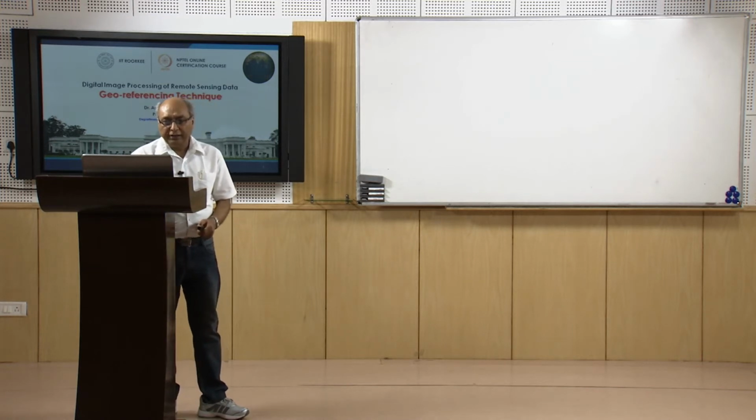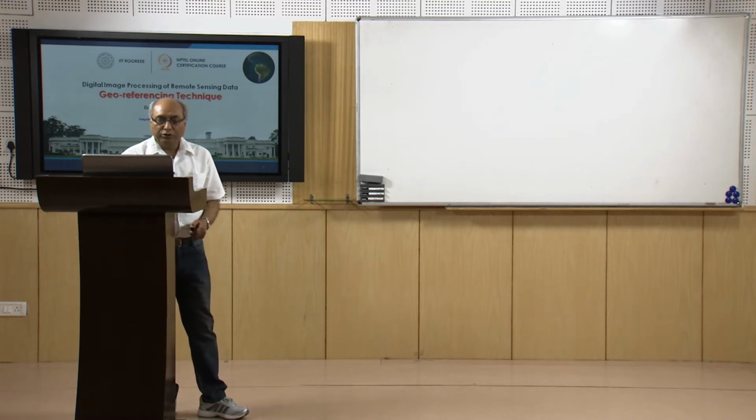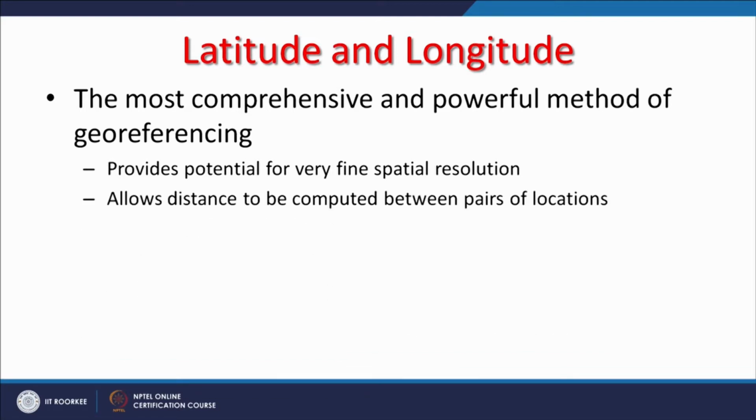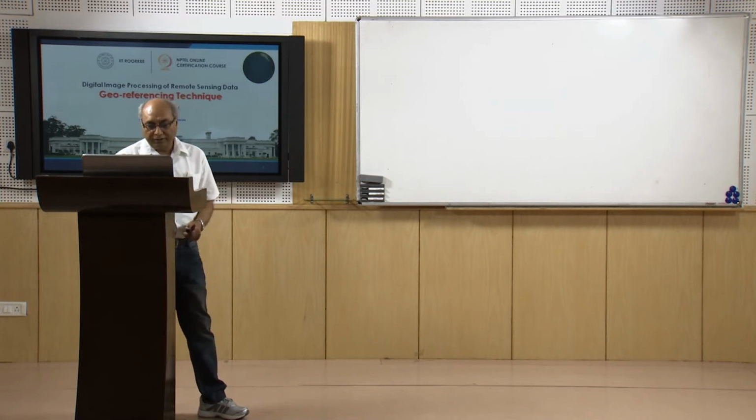Before that we also need to understand some very basic things about latitude and longitude. This is the most comprehensive and powerful method of geo-referencing. It provides potential for very fine spatial resolution. So all kinds of spatial resolution images can be geo-referenced; geo-referencing is not dependent on spatial resolution.